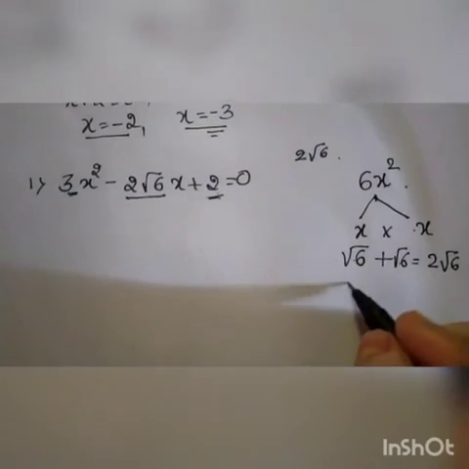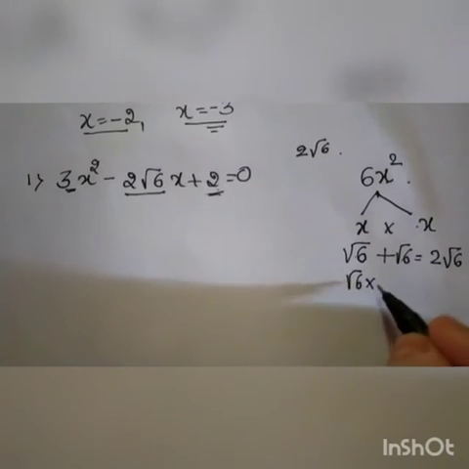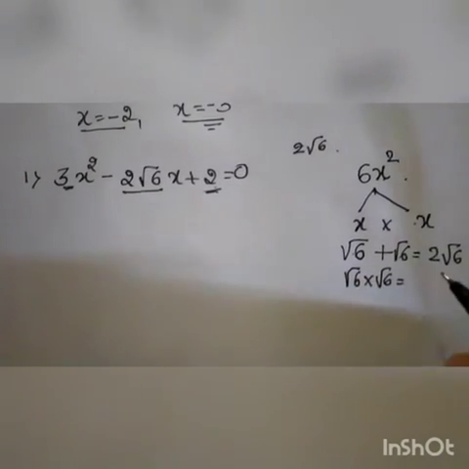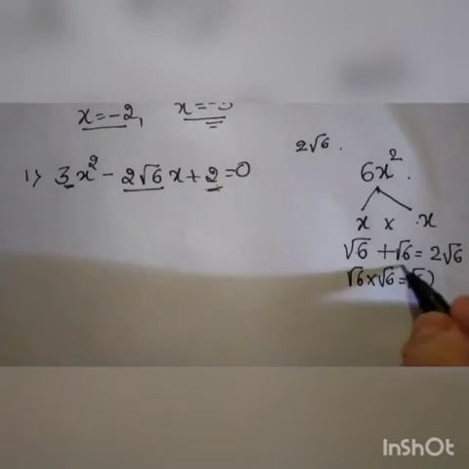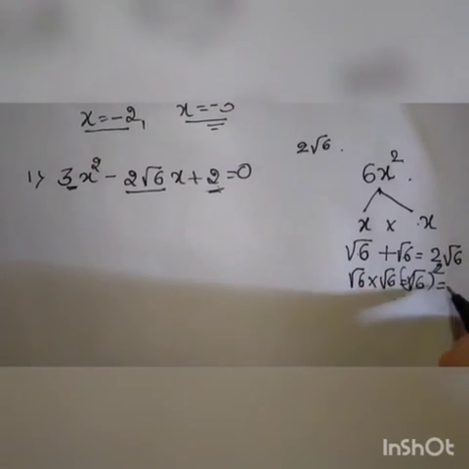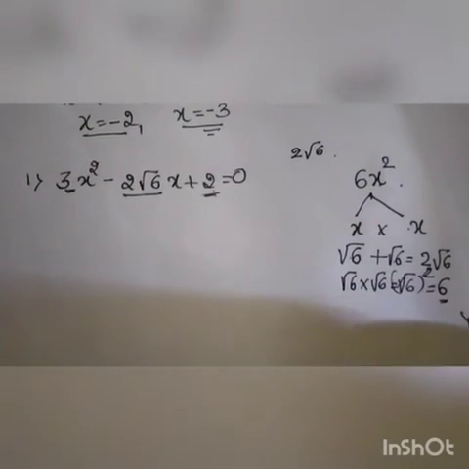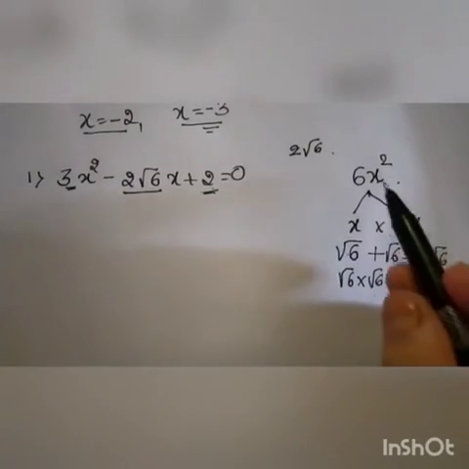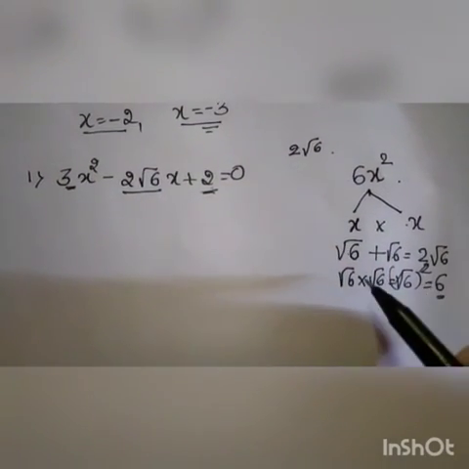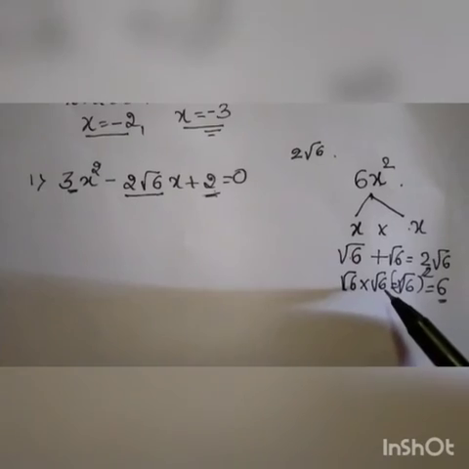Similarly, if I multiply root 6 into root 6, root 6 whole square, the square cancels the root, I get 6. So 6x square I will get when I multiply root 6 into root 6.